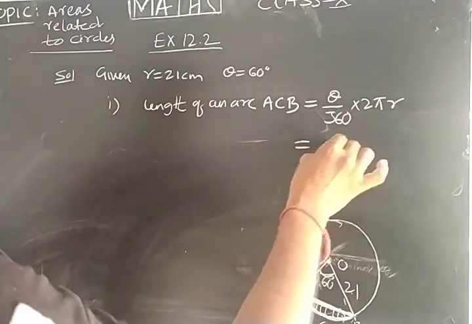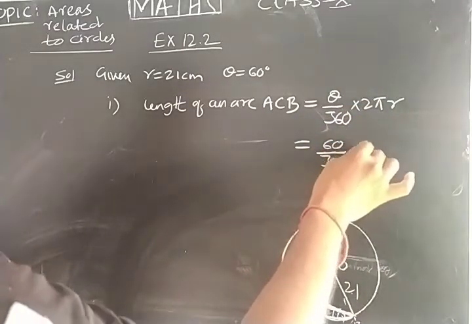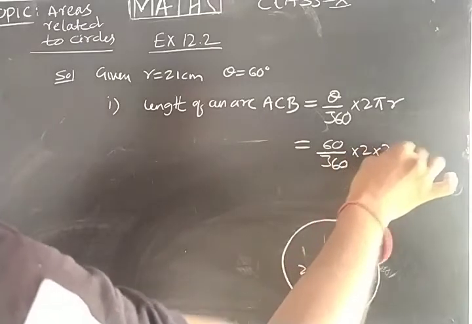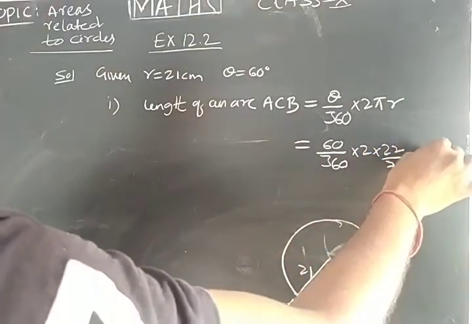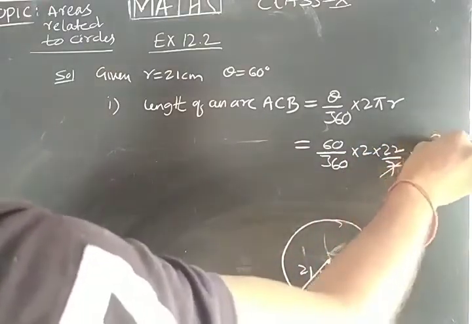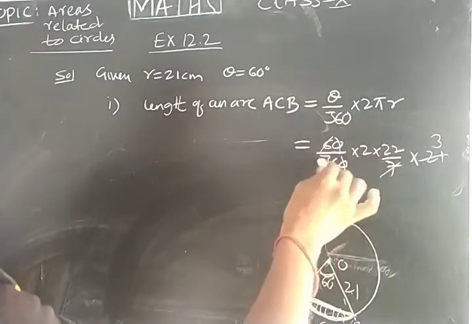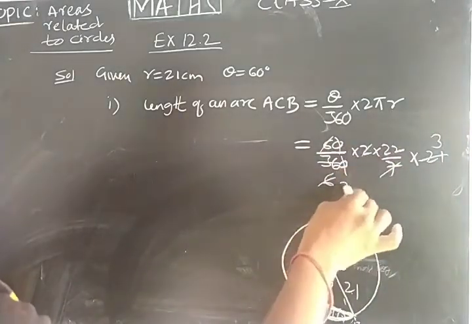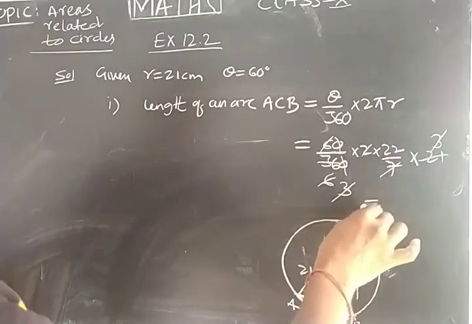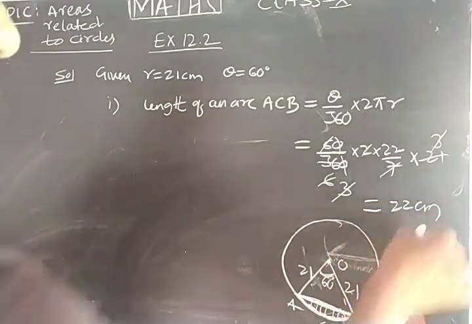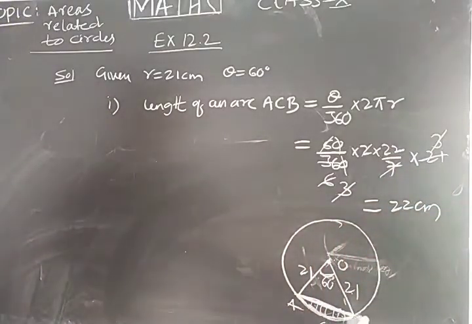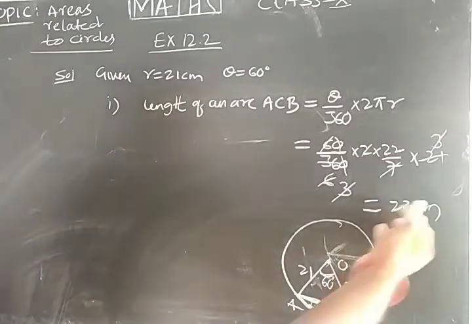That is 60 by 360 into 2 into 22 by 7 into 21. 7 threes are 21, 6 cancels with 3, so that is 22 centimeters. I got the length of the arc.